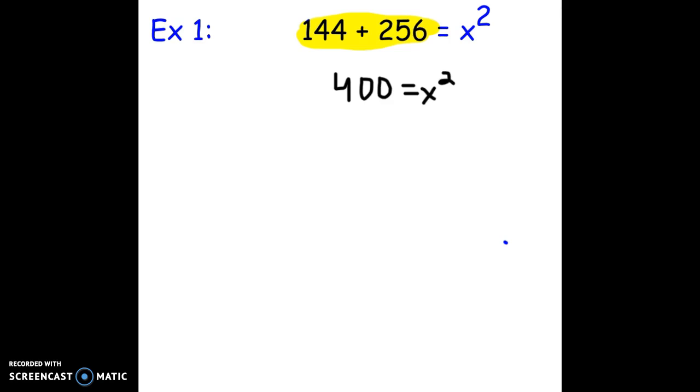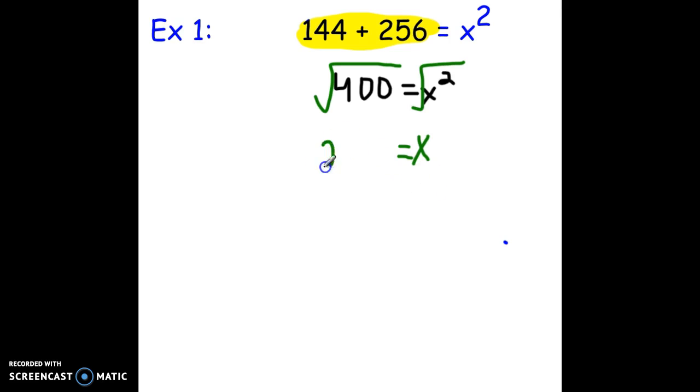The inverse, or the opposite of squaring something, is taking the square root. So to get rid of that x squared, we're going to have to take the square root of both sides. Remember, when we take the square root of something, there's two different values, the positive value and the negative value.